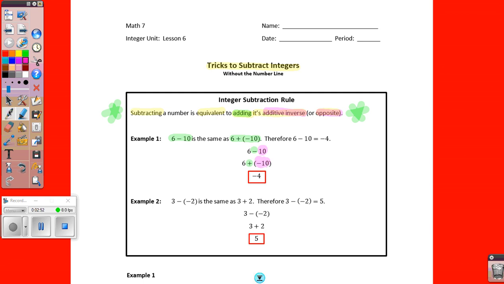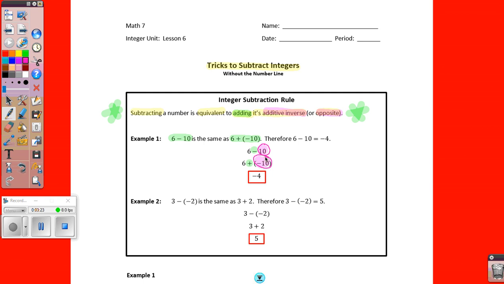In our original problem, and I've highlighted this in pink, this is a positive 10. So the opposite of 10 is negative 10. If we change this to an addition problem, we need to add the opposite, which is why we changed that to negative 10. Our reason for changing this subtraction problem to an addition problem is that we already know how to add integers.